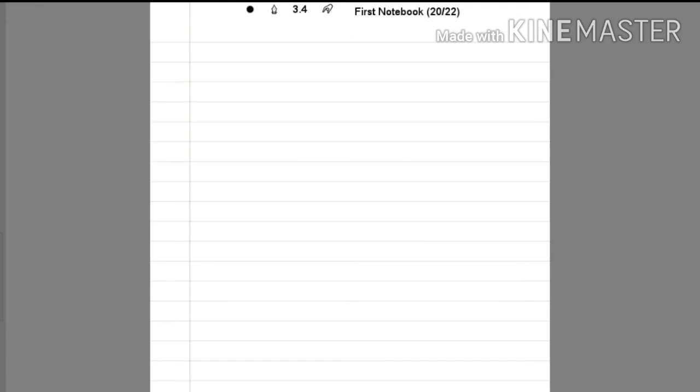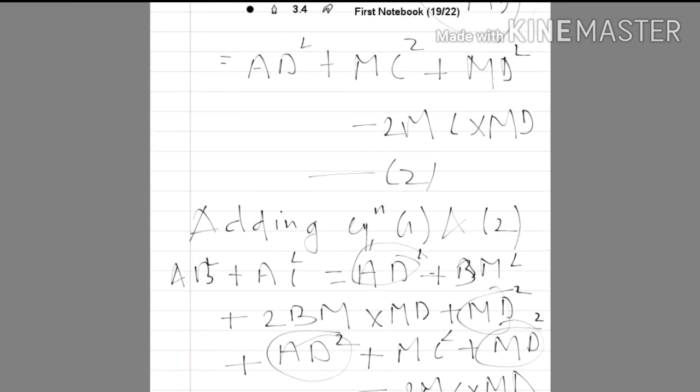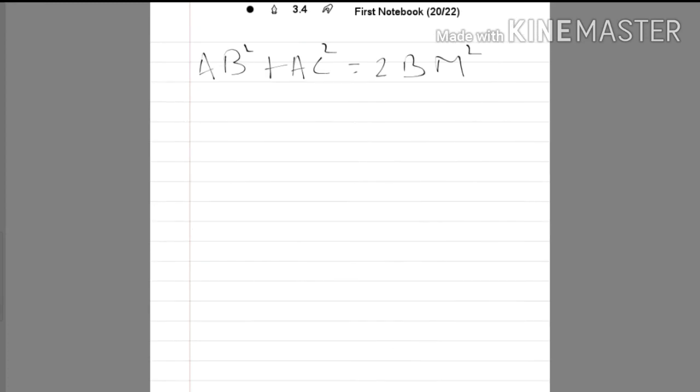So AB square plus AC square is equal to 2AD square, sorry, not 2BM square, so I will just erase it. We got 2AD square plus 2MD square. So these are the terms we evaluated.